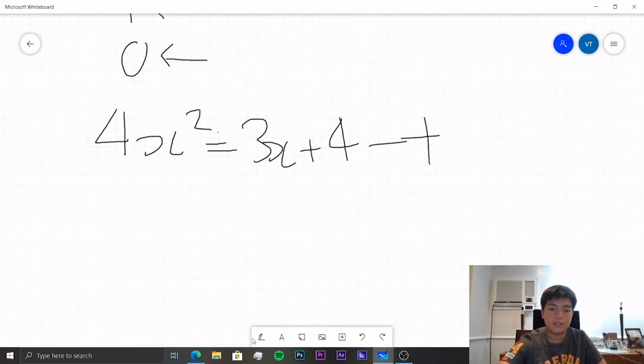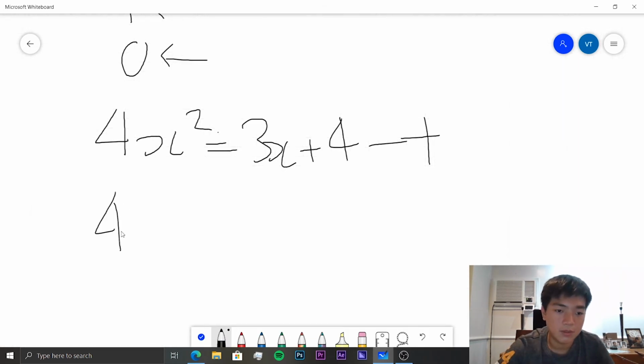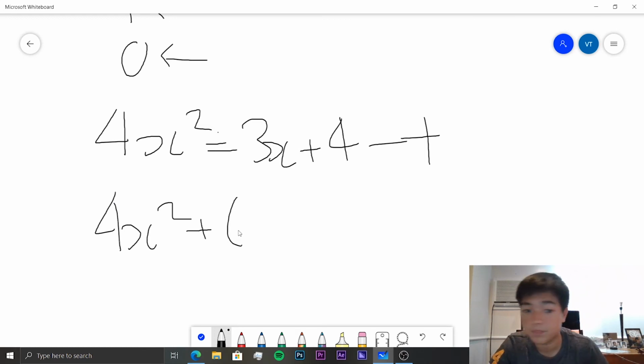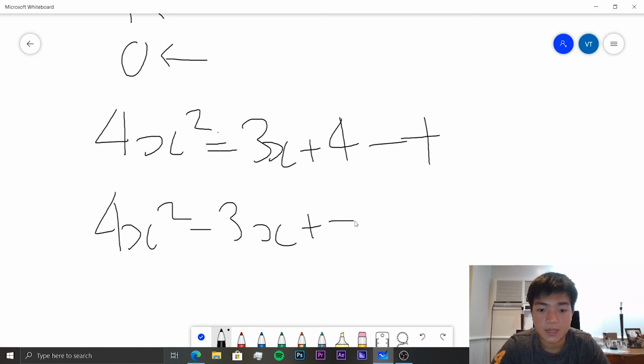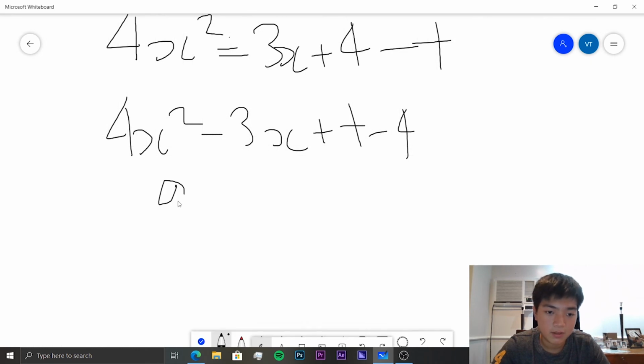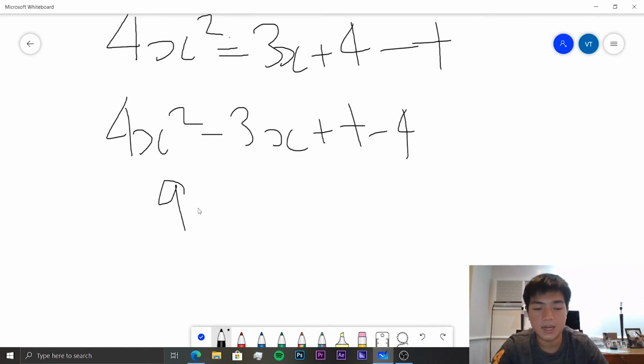Let's rearrange this and find the discriminant. This would be 4x squared minus 3x plus t minus 4. The discriminant would be b squared, which is 9, minus 4ac, so minus 4 times 4, that's 16, times t minus 4.